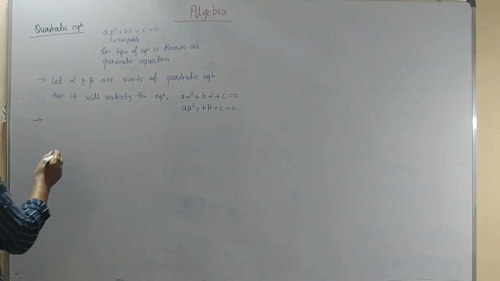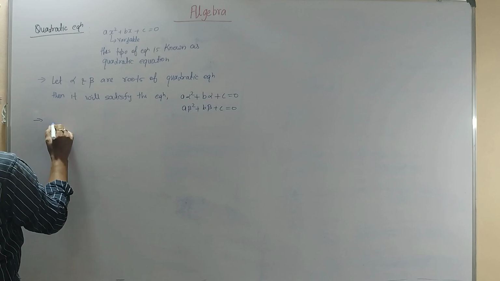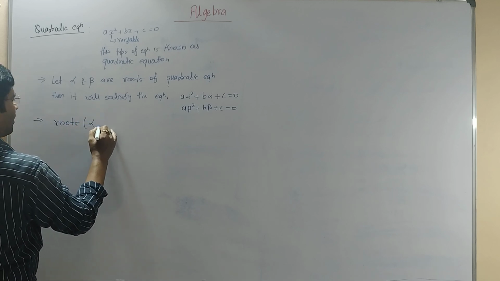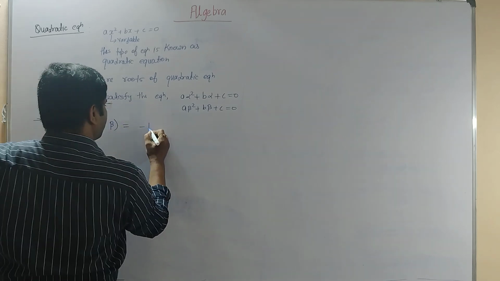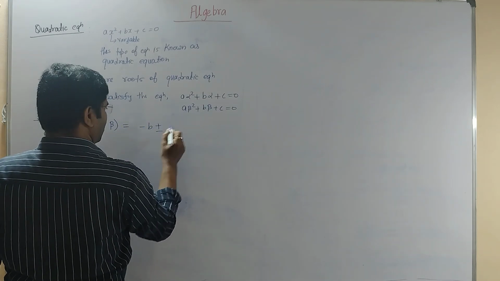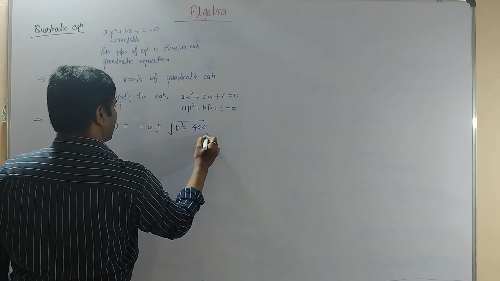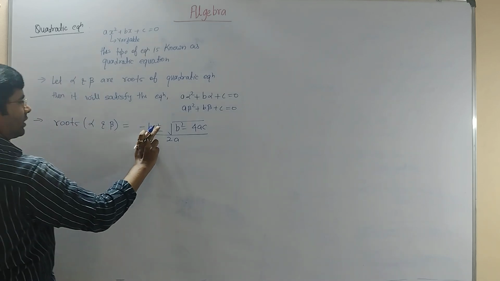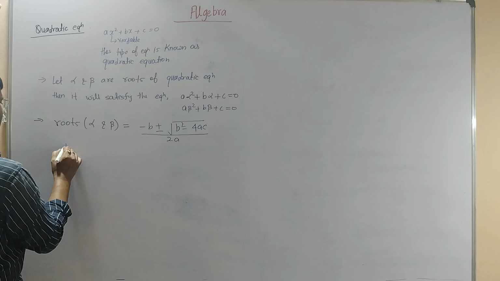Then what are the roots of this equation? The roots alpha and beta are given by minus b plus minus under root b square minus 4ac upon 2a. Once you take positive and another time you take negative, so there will be two roots.